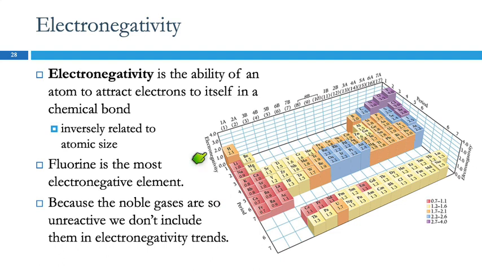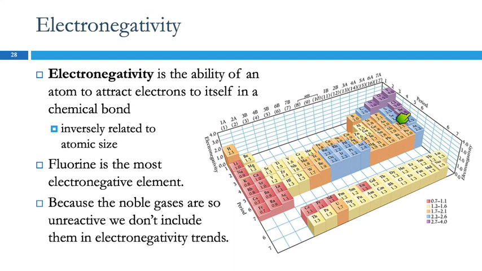As you go down a group, electronegativity gets smaller. So it's opposite. But I usually just think of fluorine as king of the hill, and you can compare two elements and see, well, who's closer to fluorine? That one's going to be more electronegative.